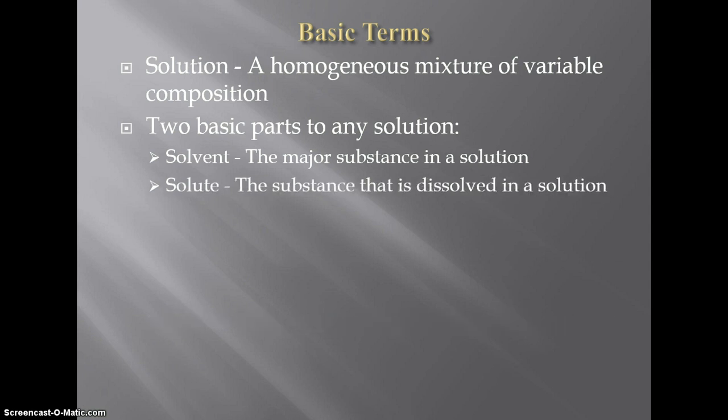The other part to a solution is the solute. Those are the two key ones to know. The solute is the substance that is being dissolved. Generally speaking, you only have one solvent, but you can have more than one solute. For most of the examples we will use, for example salt water, you only have one solvent and one solute, but it is possible to have more than one solute.